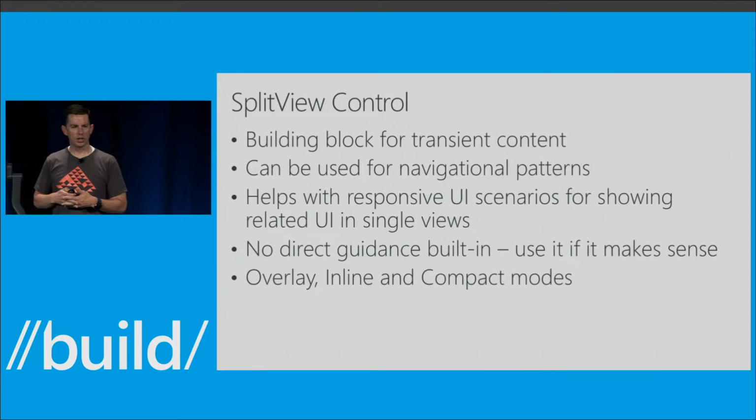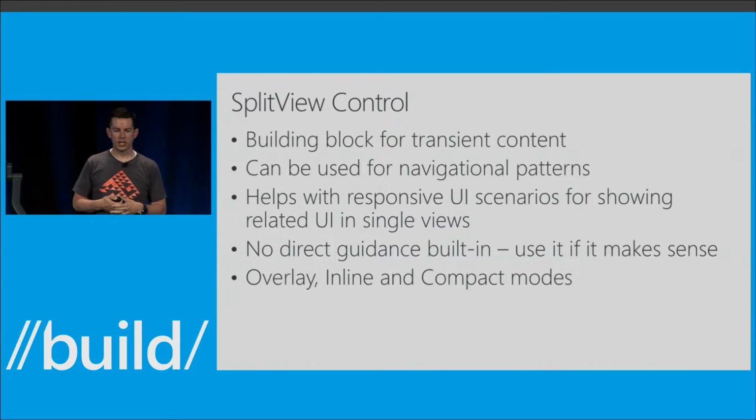And then we also are introducing the split view control. We see this as a building block for some of these responsive UI elements and transient content. Again, talking about Jeff and Carmen's session, this is one control that could be used for the hamburger navigation pattern. It doesn't only have to serve that purpose, but it can help with those navigational patterns, and with responsive UI patterns of going from small to large screen.